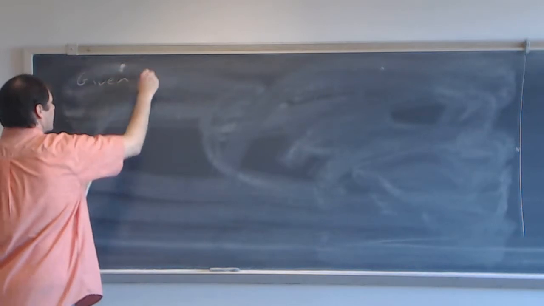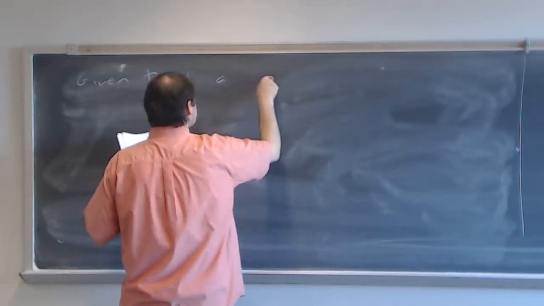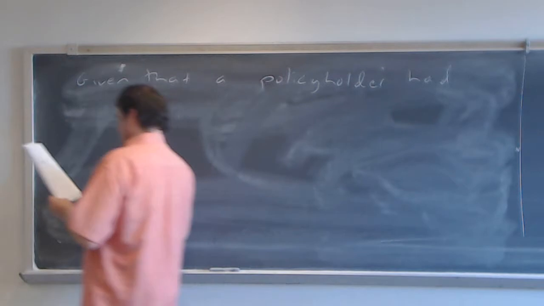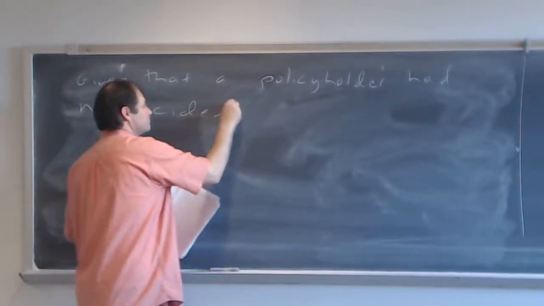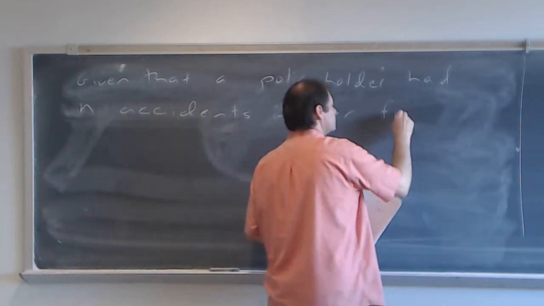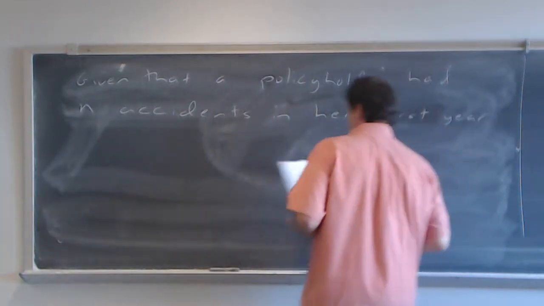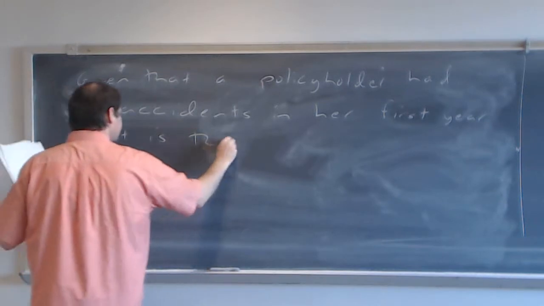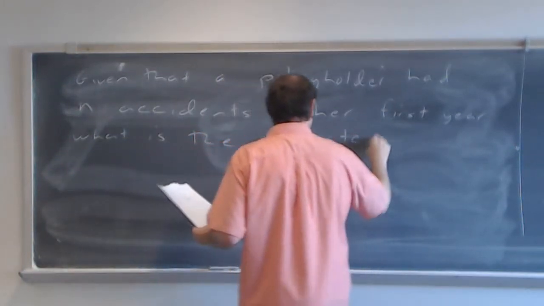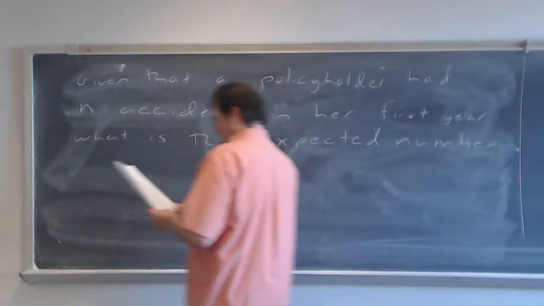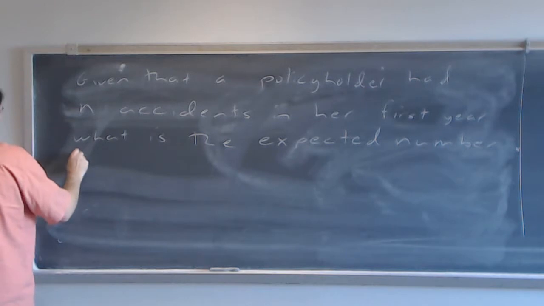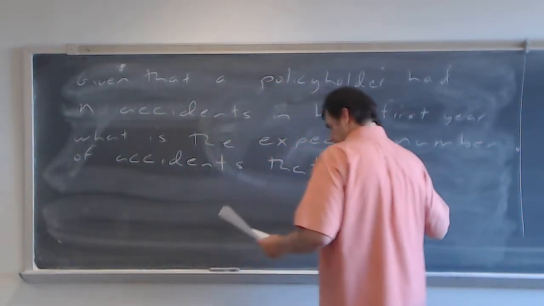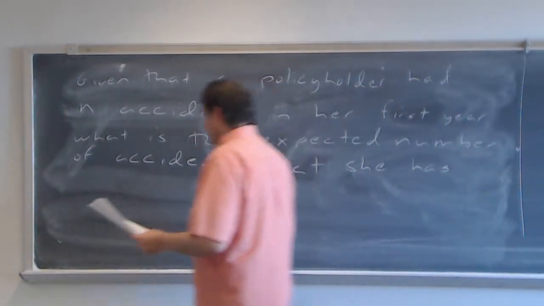Given that a policyholder had n accidents in her first year, what is the expected number of accidents that she has in her second year?